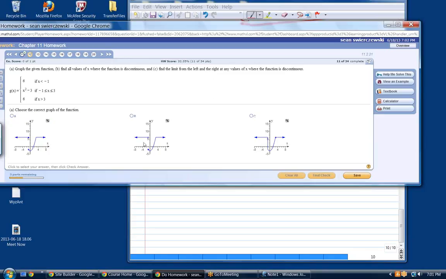Okay, which of the graphs, are we seeing all of them? We must be seeing them. There's just 3 to choose from. Does the left graph fit the top line of the piecewise function? Does A fit that?